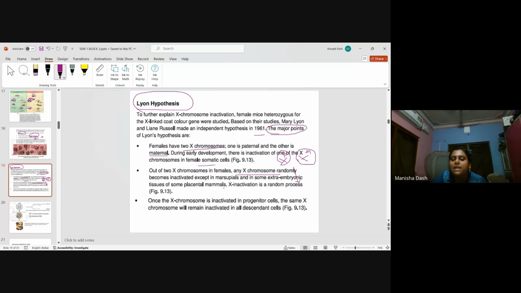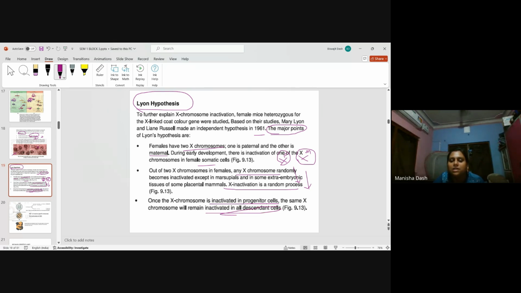Usually the X inactivation is a random process. That means whether the paternal X chromosome or the maternal X chromosome will be silenced is completely random. During development, the cell randomly can either silence the paternal chromosome or the maternal chromosome. Once the X chromosome is inactivated in progenitor cells, the same X chromosome will be inactivated in all the descendant cells.